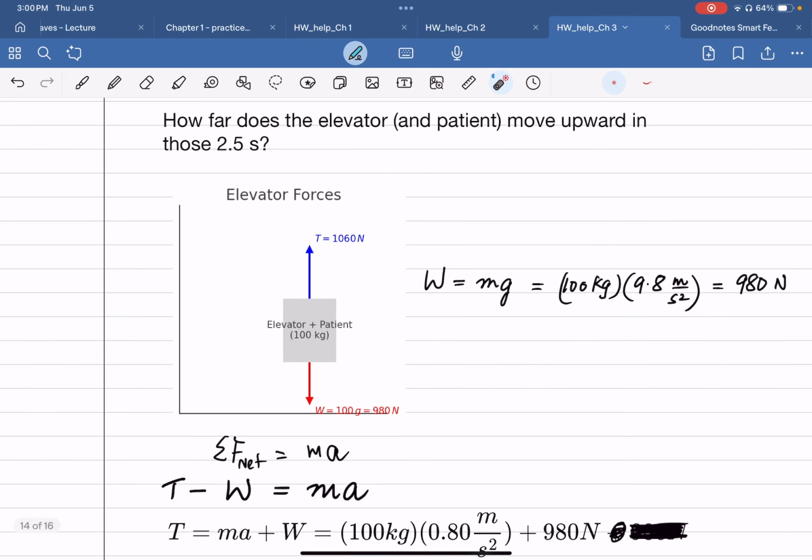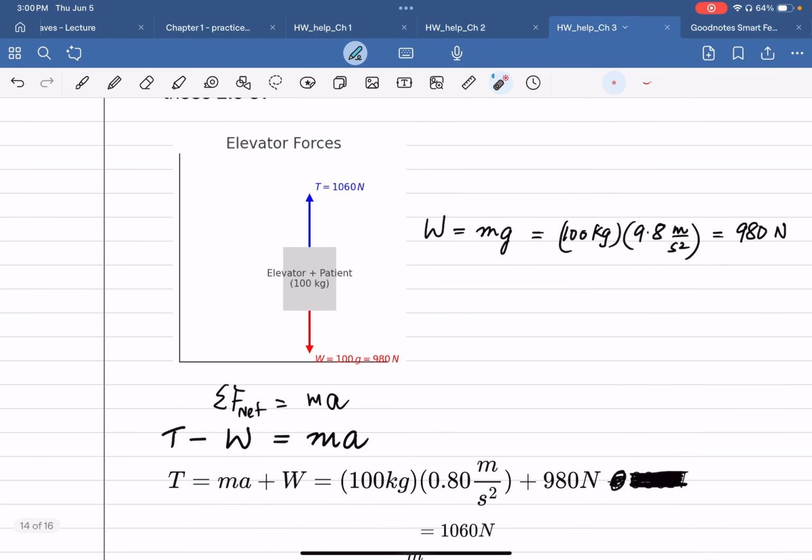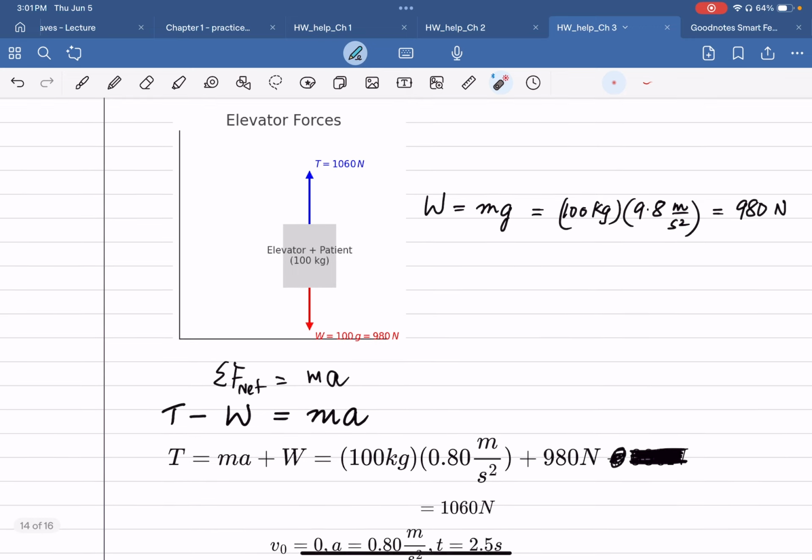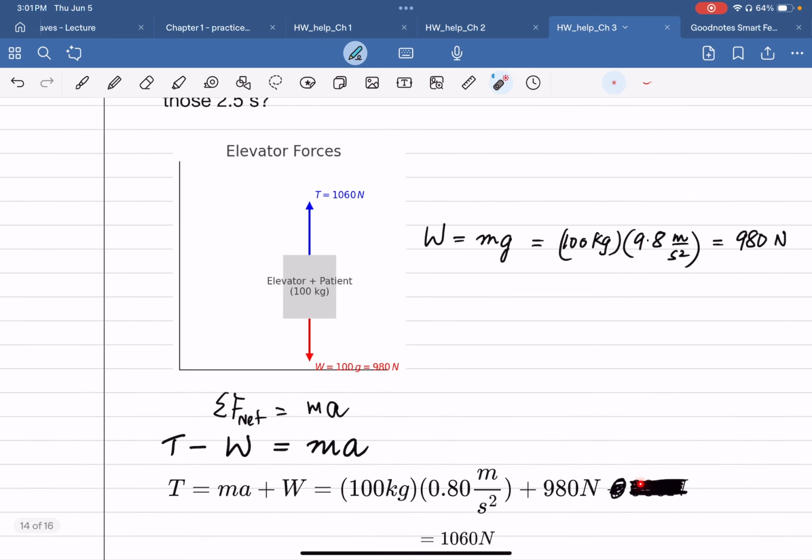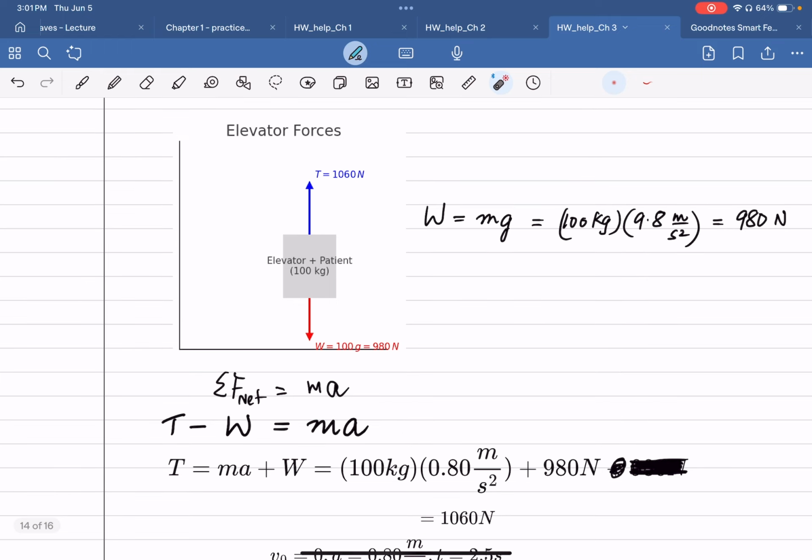So if you add the weight to both sides, you're going to get T is equal to ma plus the weight. And so substitute that: mass times the acceleration plus the weight, which is 980. Look at that. So when you do the math, you're going to get 1060 newtons. Please ignore this. This is because I paid the price for changing the handwriting into text and it messed it up. Okay. Excuse me for that.